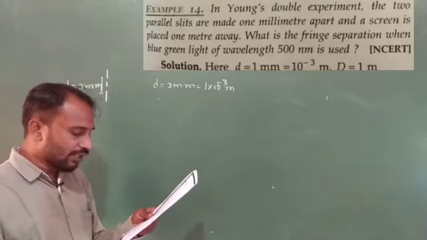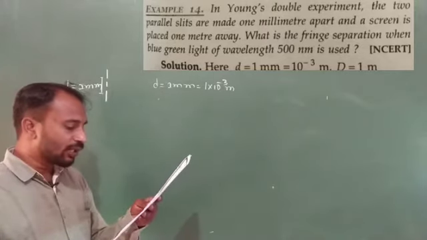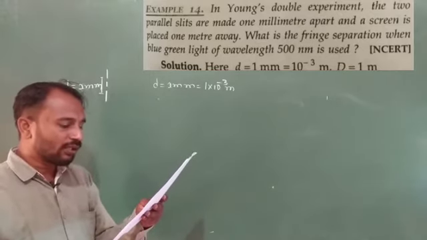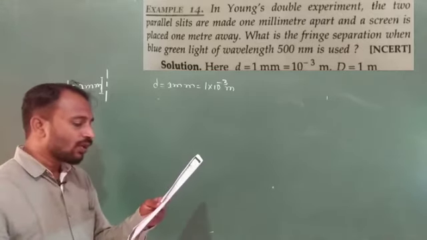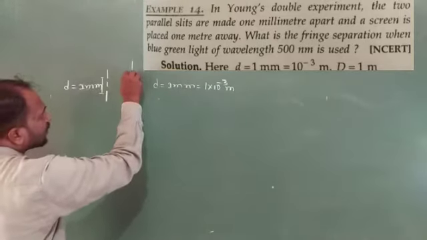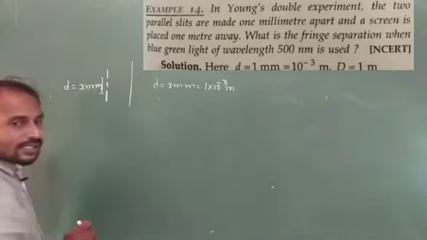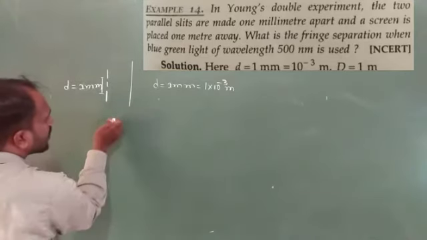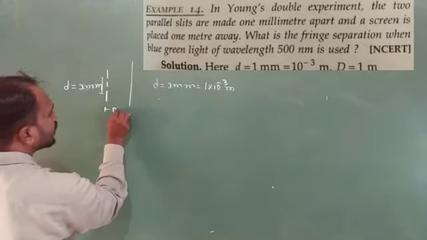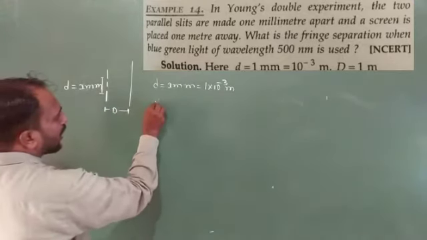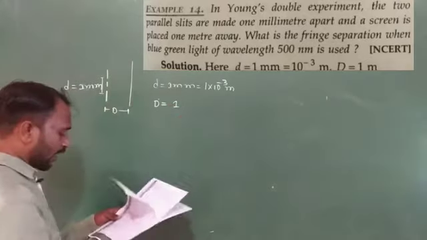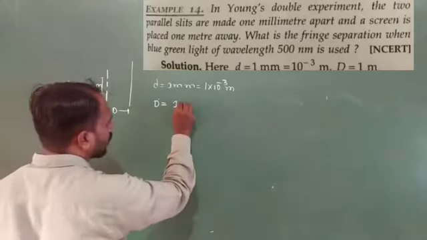What is the fringe separation when blue-green light of wavelength 500 nanometer is used? Another thing, here we have the slits, and here we have the separation between the screen and the slits. So capital D, the distance between slit and screen, is already given as 1 meter.